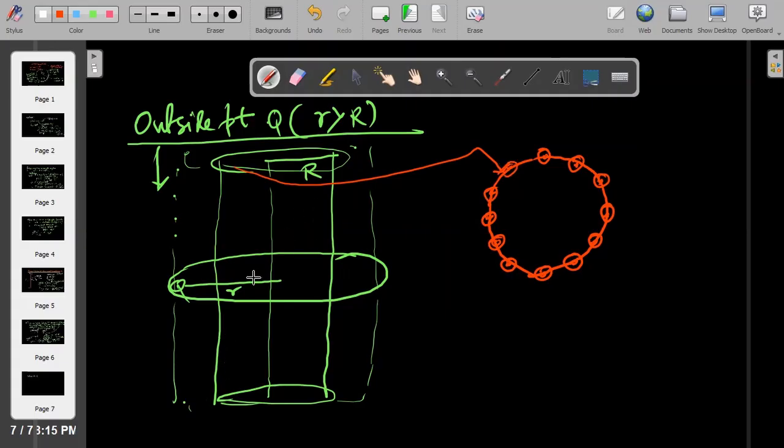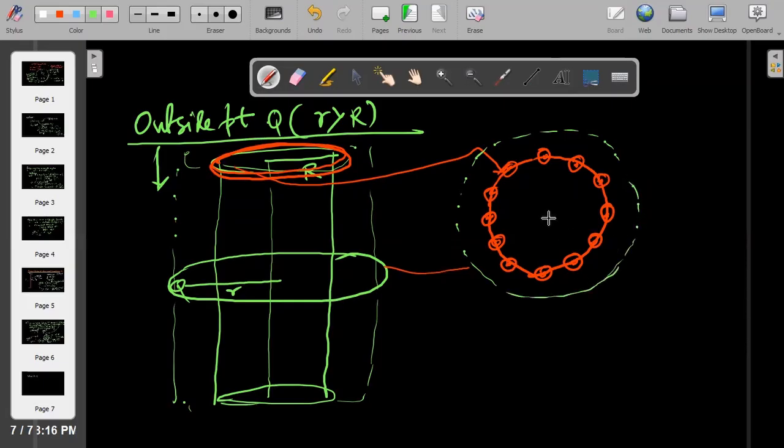For this one, I'm drawing in green, and this in red. So your Ampere's loop will be like that, where r is greater than R. This is capital R, and this one is smaller. So this is your Ampere's loop.